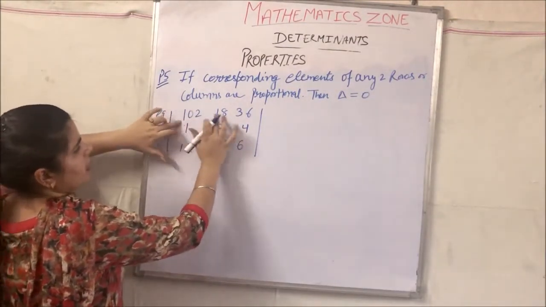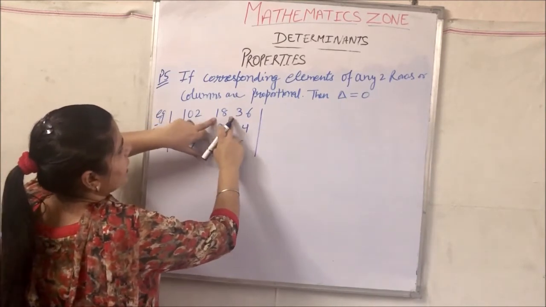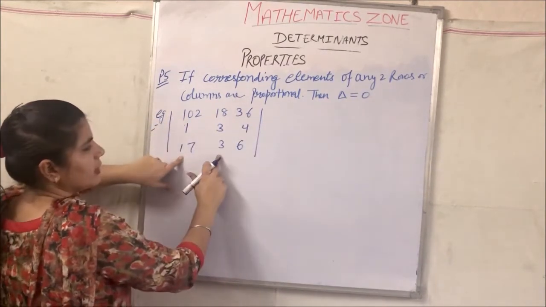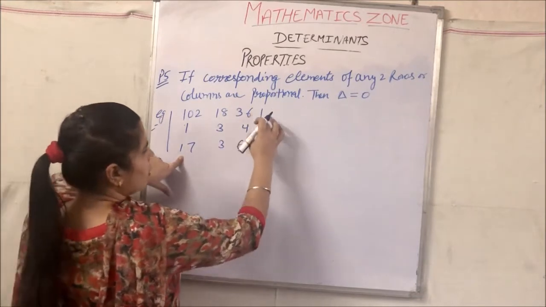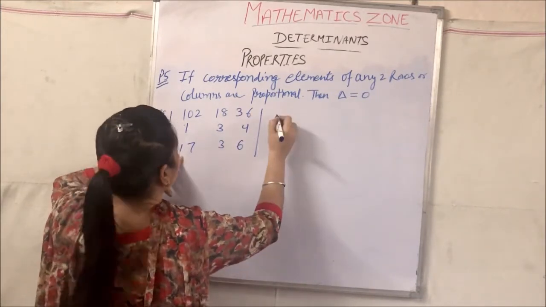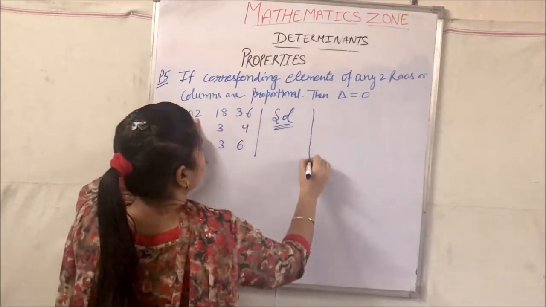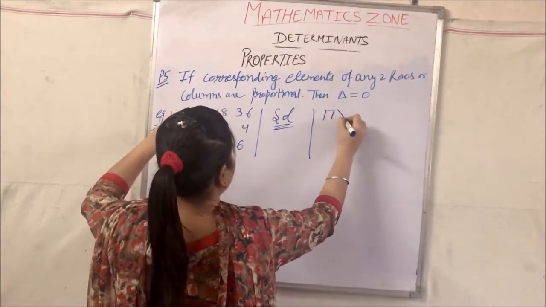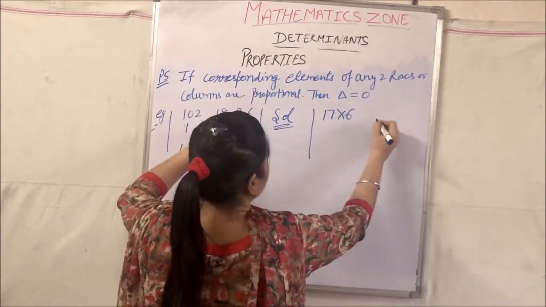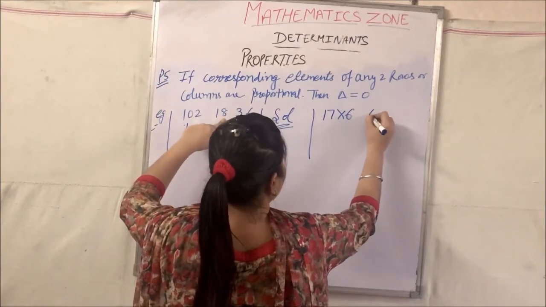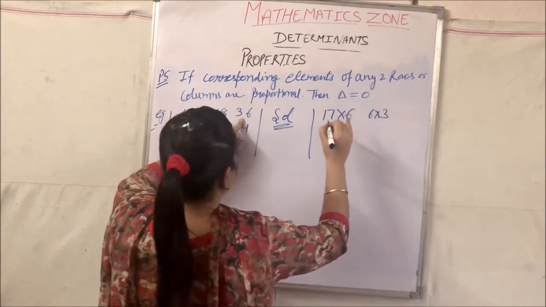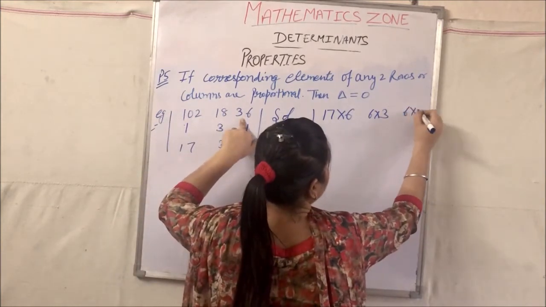In these elements 102, 18, 36, 17, 3, 0, when we observe these elements, we will find that 102 can be written as 17 multiplied by 6. In a similar manner, 18 can be written as 6 multiplied by 3 and 36 can be written as 6 into 6.